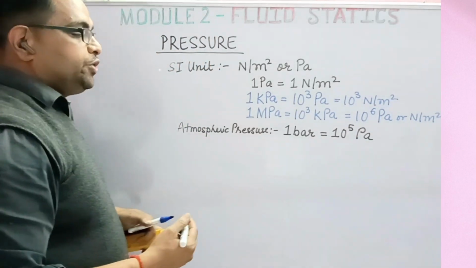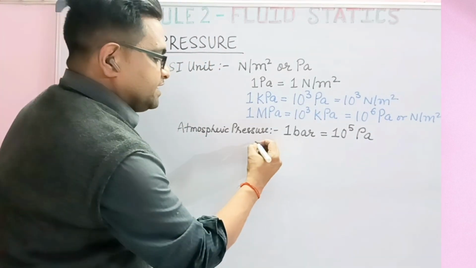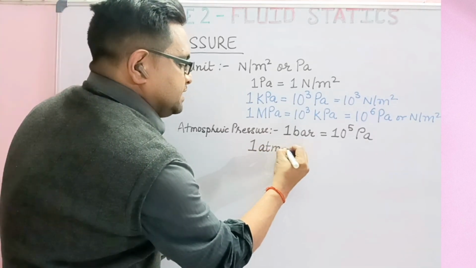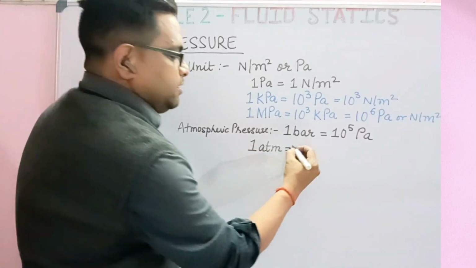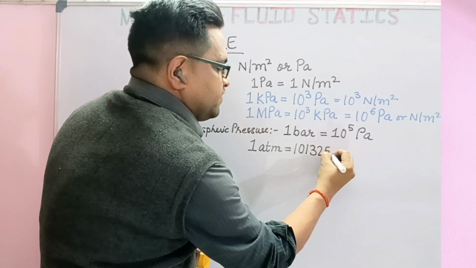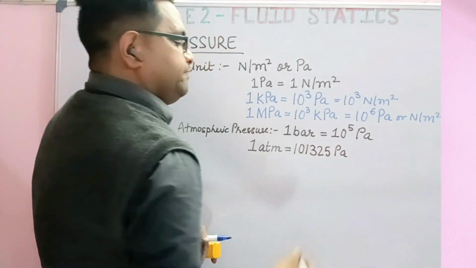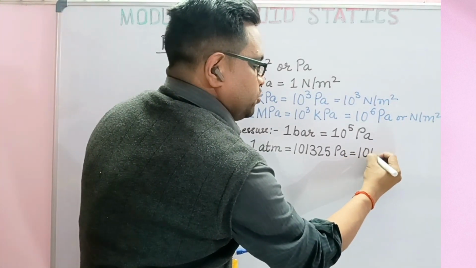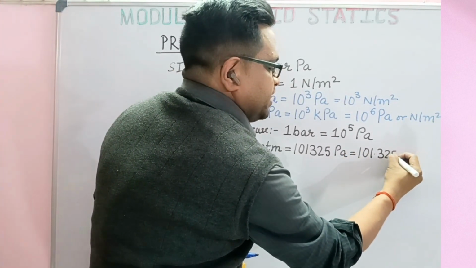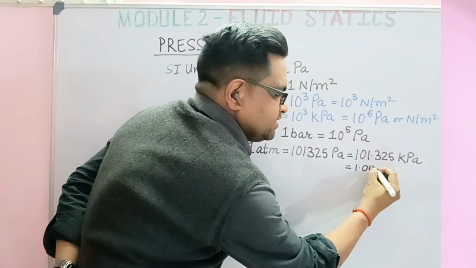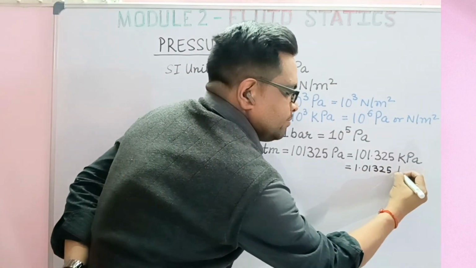Also we have one more unit for atmospheric pressure, that is ATM. So 1 ATM is equal to 101,325 Pascal, which can be written in terms of kilopascal as 101.325 kilopascal, or 1.01325 bars.